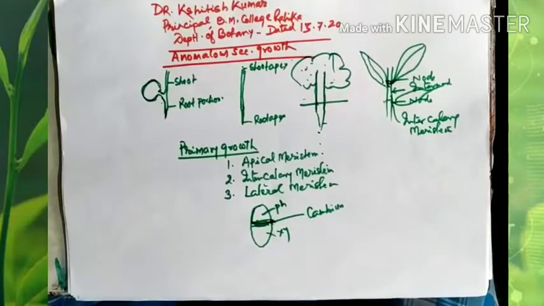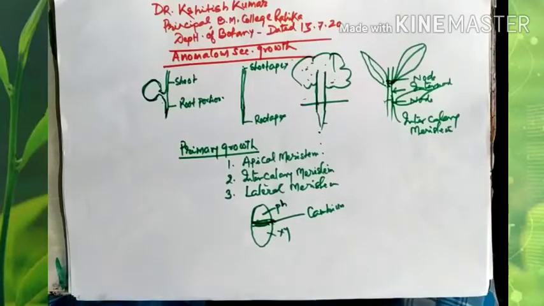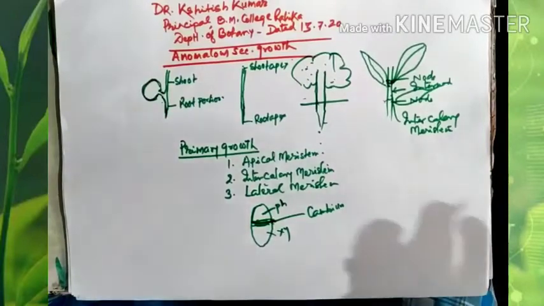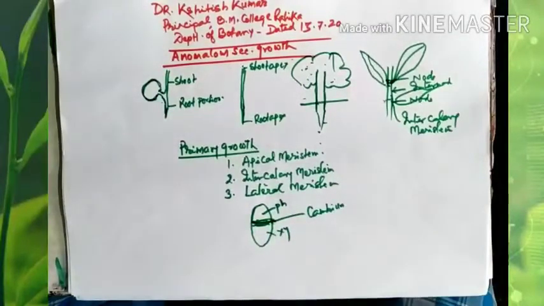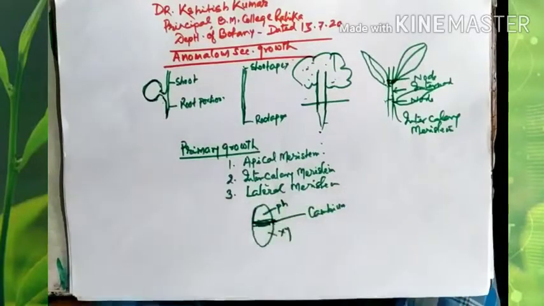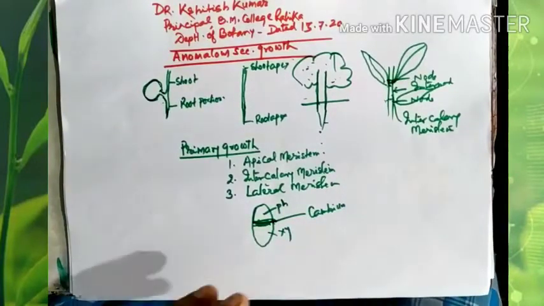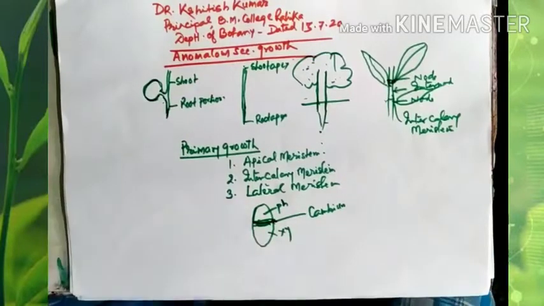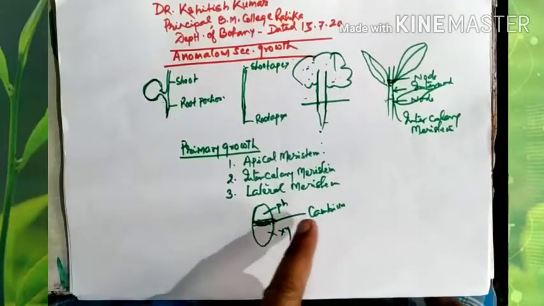We take the example of an erect plant. In the erect plant, the cambium is situated in the lateral position, and hence it is termed the lateral meristem.